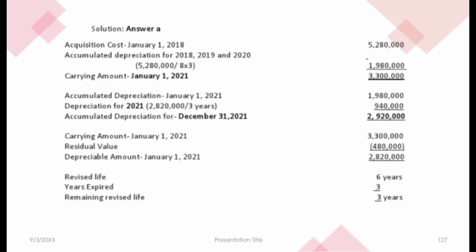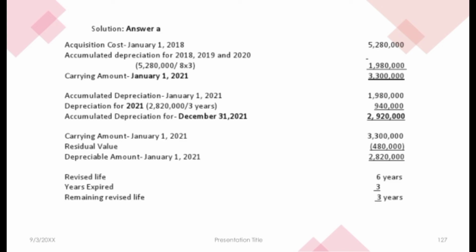So, 5,280,000 over 8 years na useful life times 3 years will be 1,980,000. So, ang magiging carrying amount natin for January 1, 2021 will be 3,300,000.